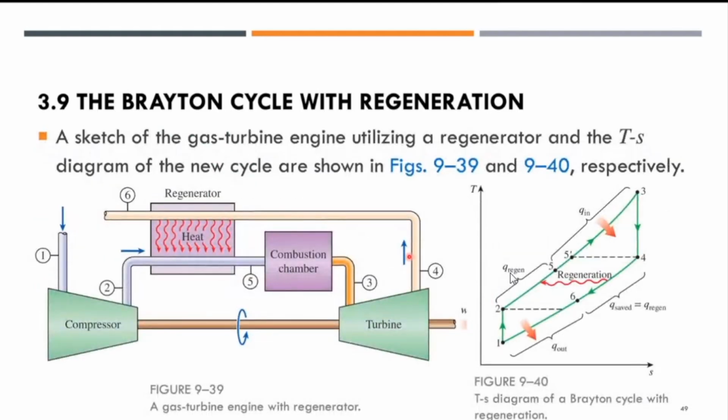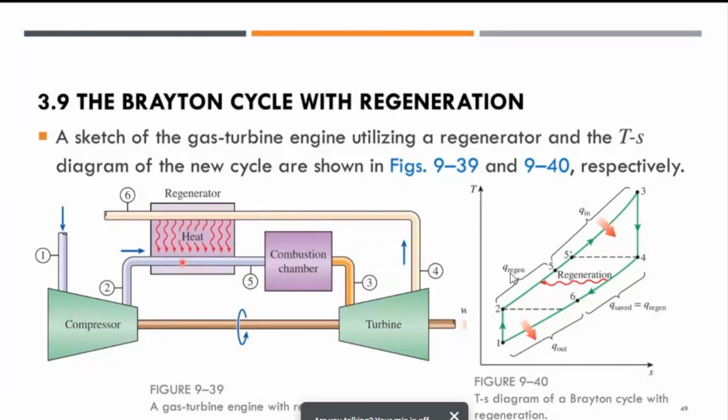Okay, as shown in this figure 39, a figure of a gas turbine engine with regenerator. Imagine there's air coming into the compressor from 1. This is the compressor inlet, and as it exits from the compressor, it will go through a regenerator. So there will be heat addition into the system. Before this, we do not have that.